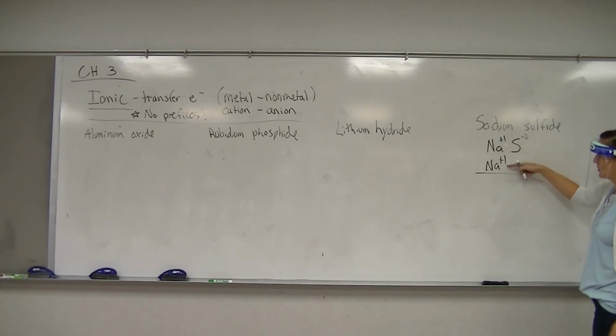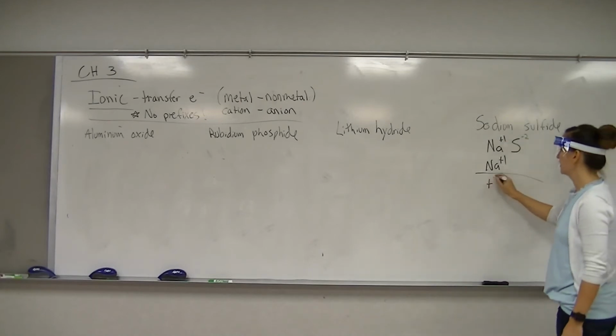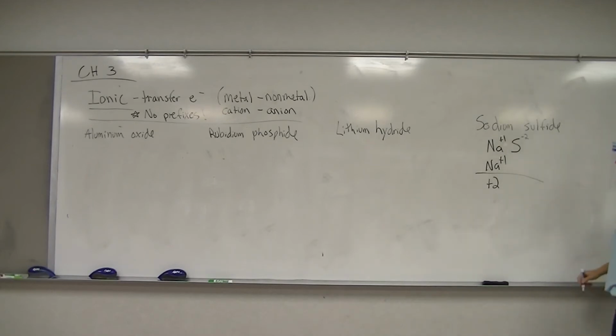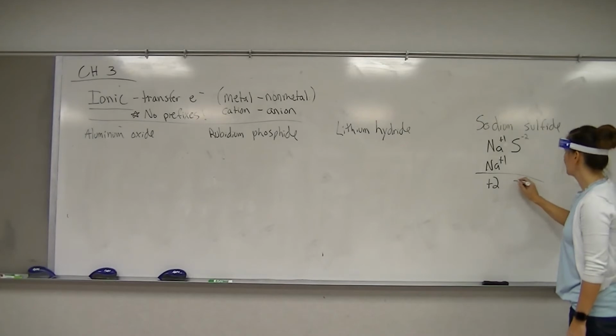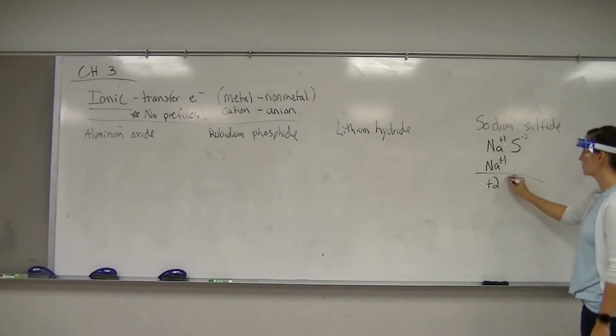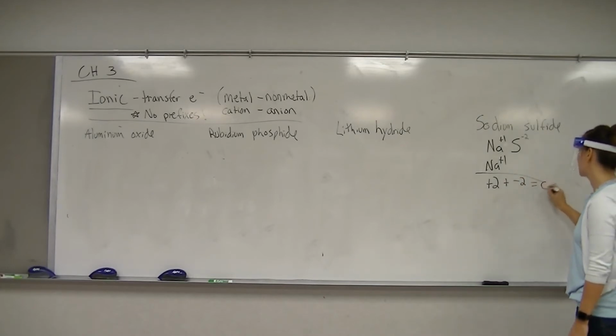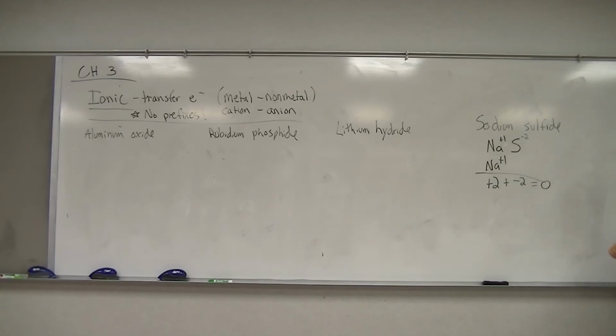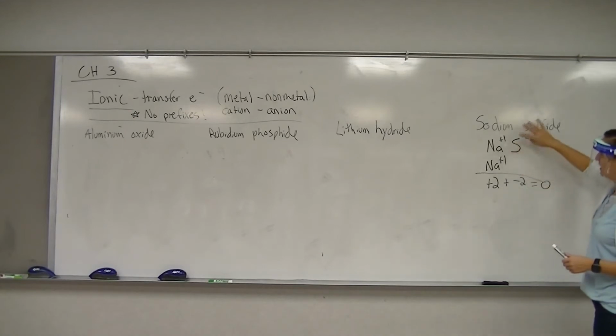Because if I have 2 sodium atoms, now I have +1, +1, a +2 charge on the cation side. Now for my sulfur, I have a -2. So now the charges cancel each other out and it's neutral. A +2 plus a -2 equals 0. So this tells me that my chemical formula needs 2 sodiums.